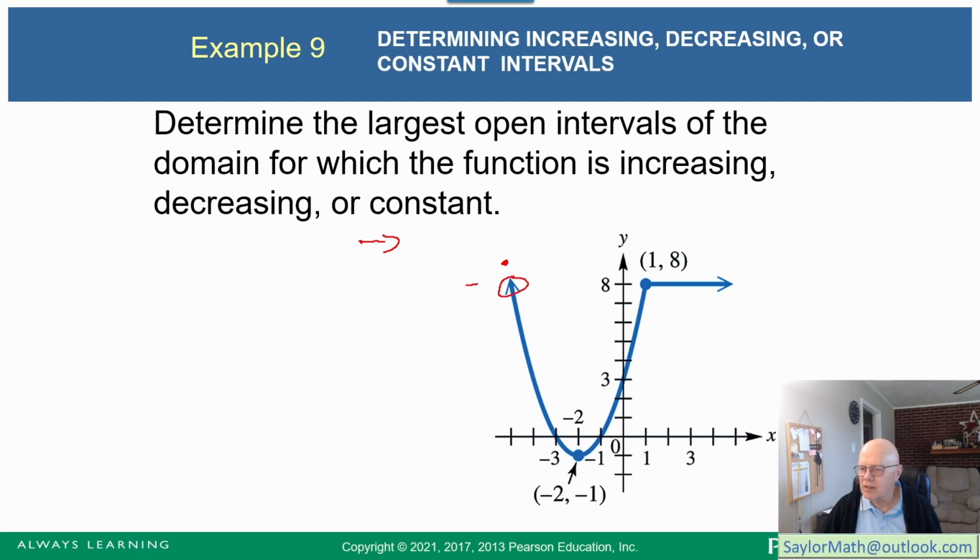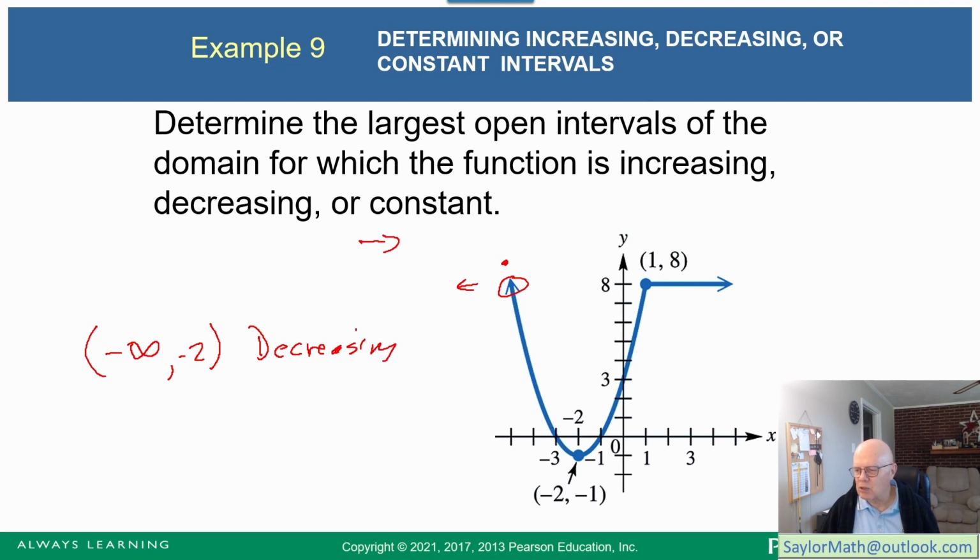It starts at negative infinity. So negative infinity to where? Well, this stops at -2. What's happening? It's decreasing because the curve goes downward.